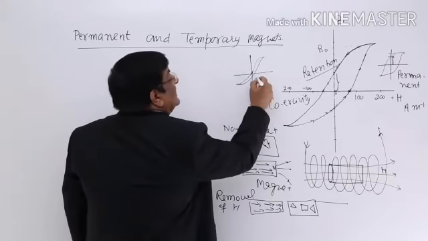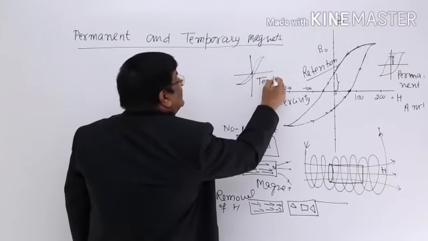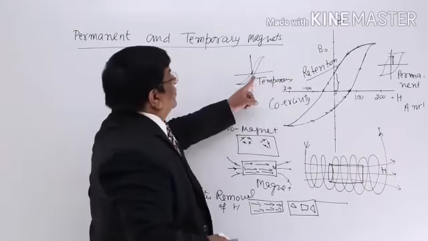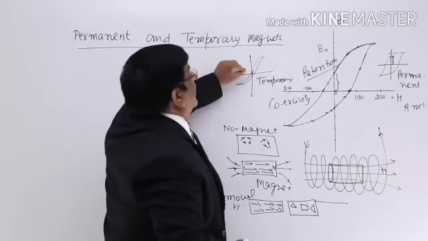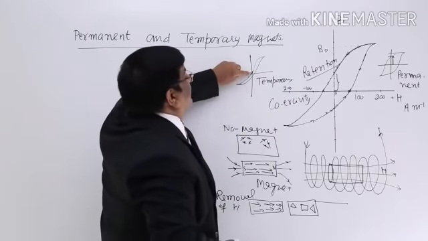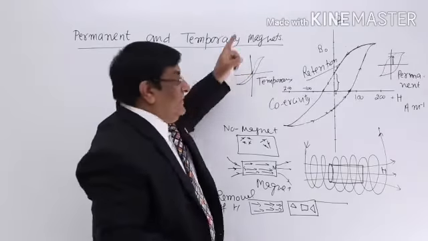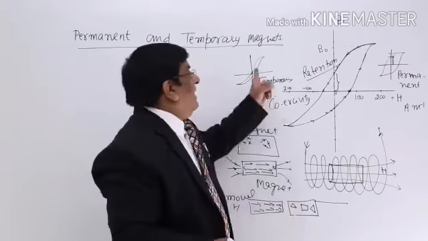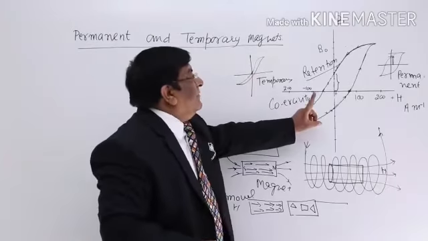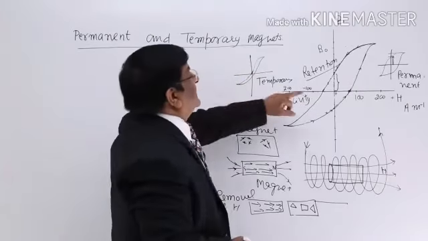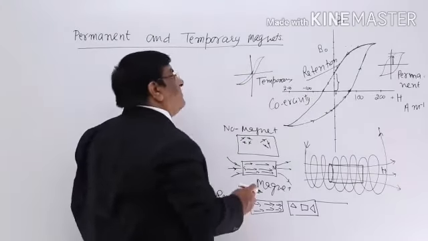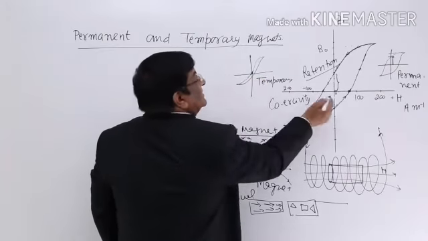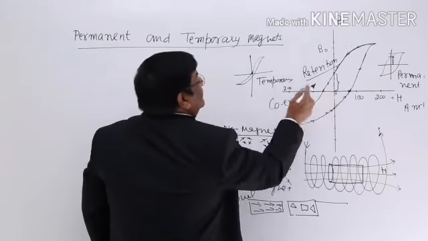This is temporary. When H is removed, the magnetic field or B inside the ferromagnetic material is also removed. Then it becomes like this, and this is a temporary magnet. So this is the difference with respect to the hysteresis curve. Same thing goes, if B is less, H is supposed to be less. If B is high, H will have to be high.